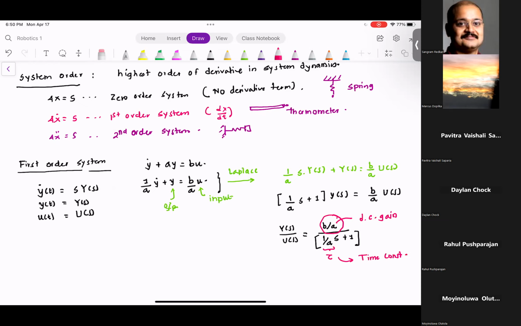So what is the definition of DC gain? It is the ratio of the magnitude of steady state response to step input.